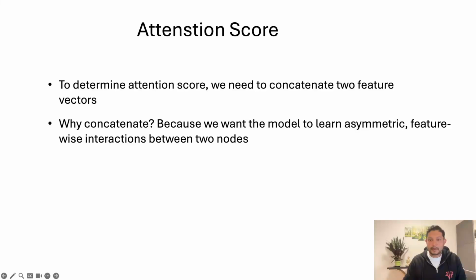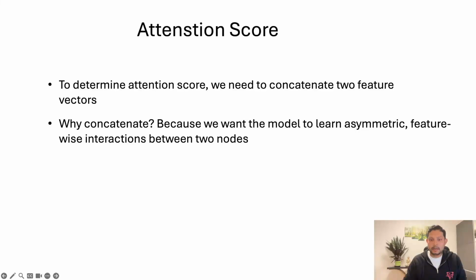And let's take our example and consider the feature vectors of two nodes. To calculate it, first we need to concatenate the two feature vectors. I know you are thinking, why concatenate? Well, because we want the model to learn asymmetric feature-wise interaction between two nodes.